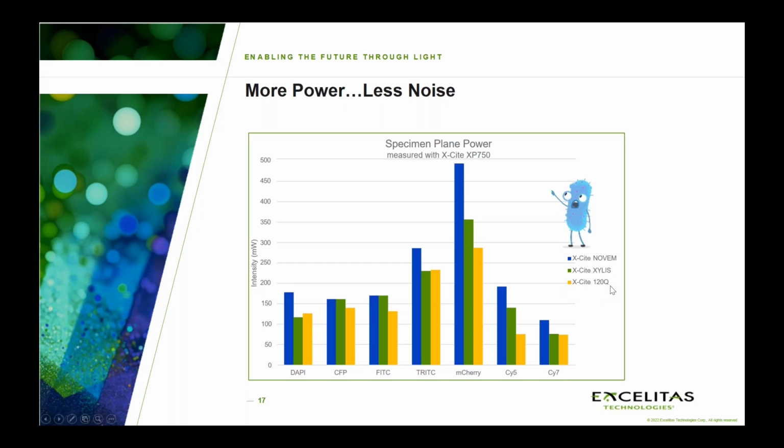And in order to get the LEDs to have the same power as the metal halide, we've had to get creative and patent technology that gives you the bar in the green. And you can see that at all the popular fluorophores, the bar in the green has exceeded our own metal halide lamps. And then the bar in the blue is the Novum, which I have been discussing, and you can see that it far exceeds that of the metal halide.